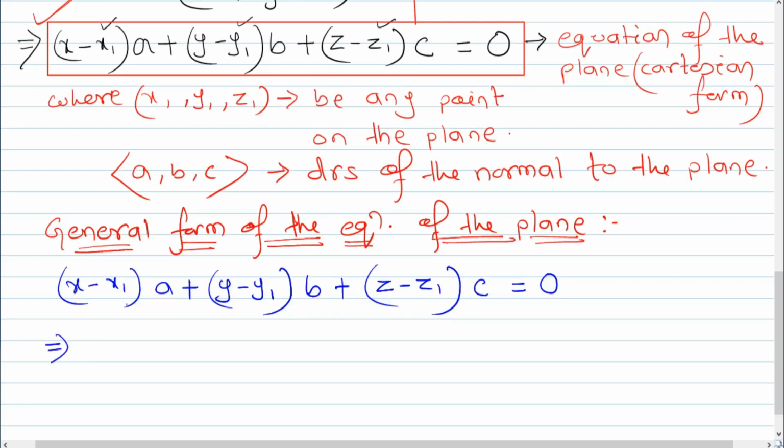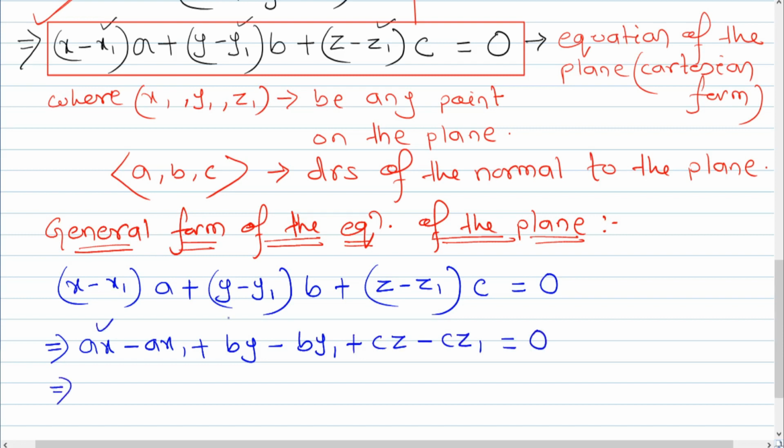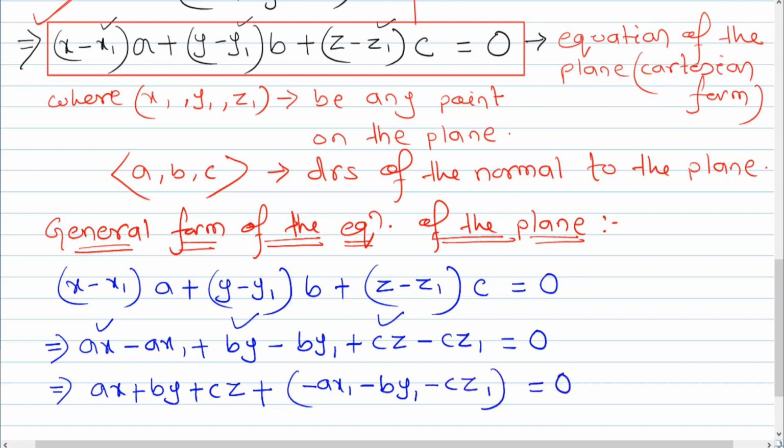So if you multiply, simple multiplication: ax minus ax1 plus by minus by1 plus cz minus cz1 is equal to 0. Now keeping ax, by and cz on the left hand side: ax plus by plus cz minus ax1 minus by1 minus cz1 is equal to 0.